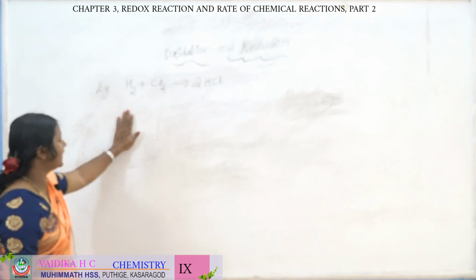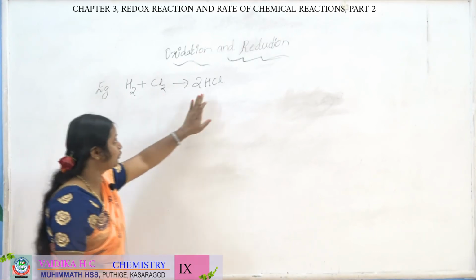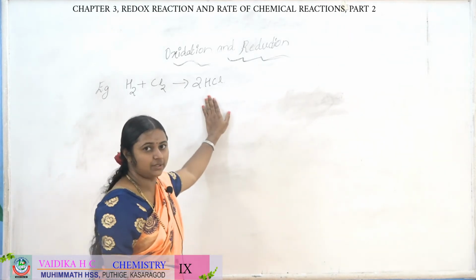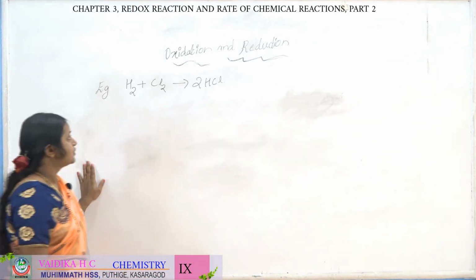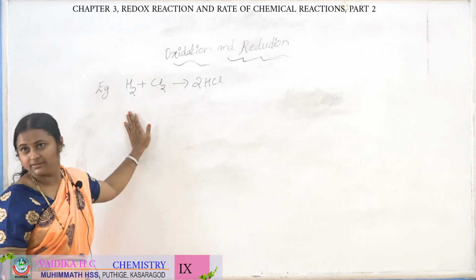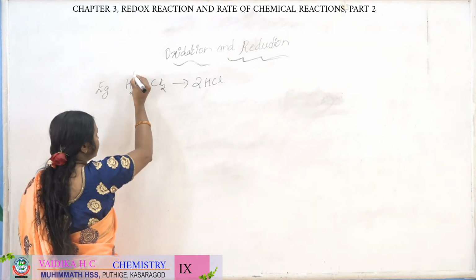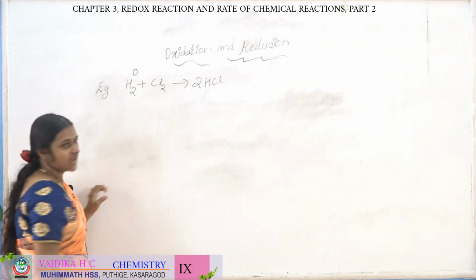Let us take an example. Hydrogen reacts with chlorine to form HCl, hydrogen chloride. So in hydrogen, 2 atoms are there. So this hydrogen will have 0 charge, right?